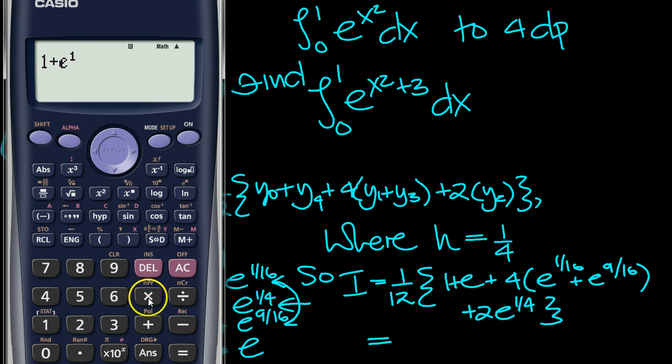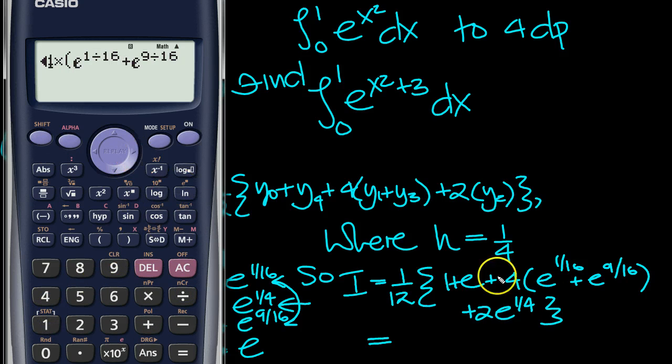So it's 1 over 12 in front. Bracket, there we are. 1 divided by 12, 1 plus e to the 1, plus 4, times bracket, e to the power 1 divided by 16, plus e to the 9 divided by 16.